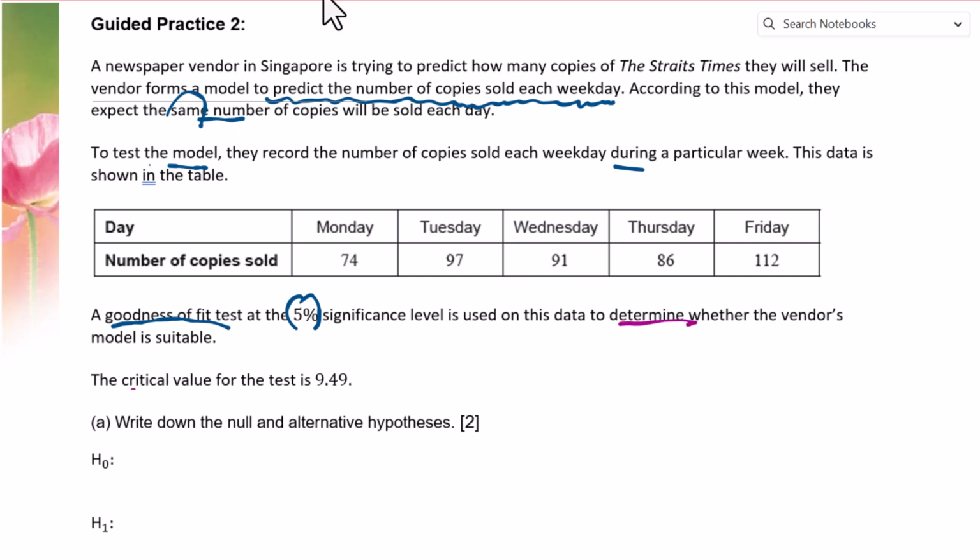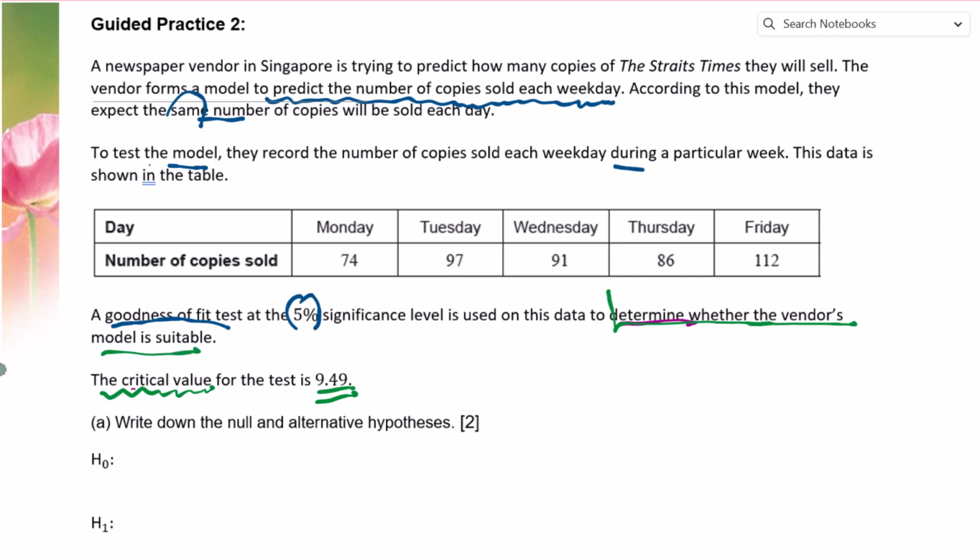You are given the critical value 9.49, which means you are expected to use this critical value to draw the conclusion. Here are the key words: determine whether the vendor's model is suitable.